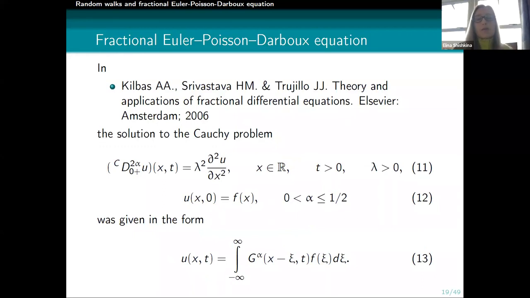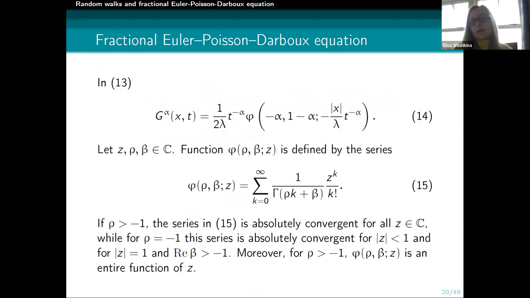This book, which I mentioned before, Theory and Applications of Fractional Differential Equations. In this book, we have the solution of the Cauchy problem with the Caputo derivative in the left side. And of course, I would like to take gamma equal to 0 in my equation, and I would like to obtain the solution which was presented in this book in order to check if my solution is correct.